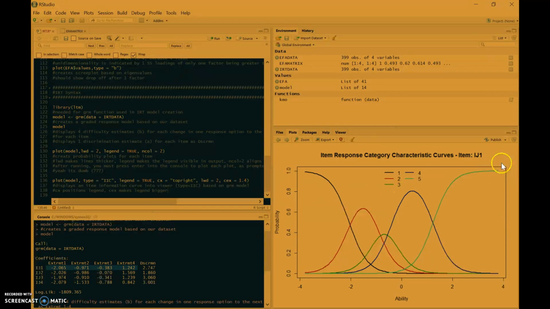Whereas as we go high in theta space, approaching 100%, practically 100% likelihood of answering with a 5. And then same over here on this end with the 1.